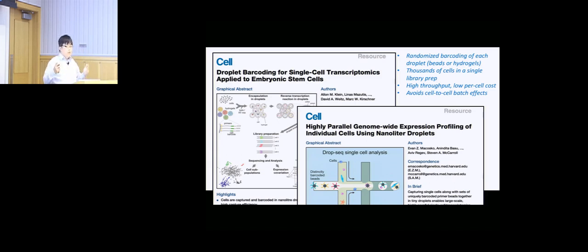So there might be cell-to-cell variation, the cost is high, and so on. But here, because we're preparing the library per sample together, we can get rid of the cell-to-cell batch effect, and we can assay thousands of cells in a single library prep. And this is a high throughput, low per-cell cost. So this is a great opportunity, and I was very excited to work with this.